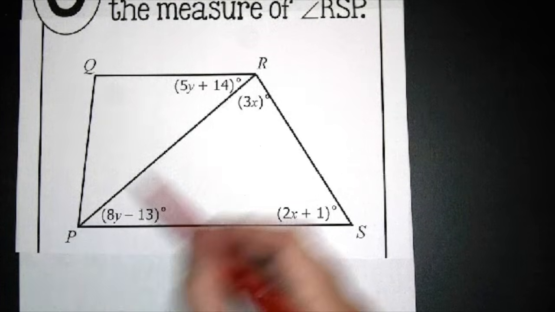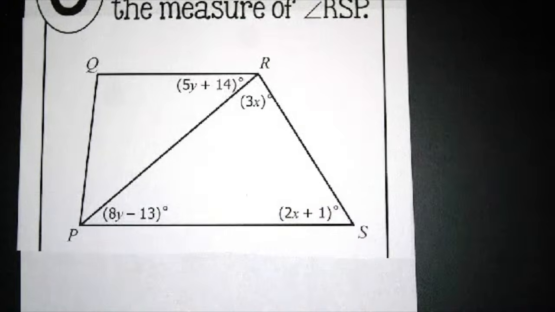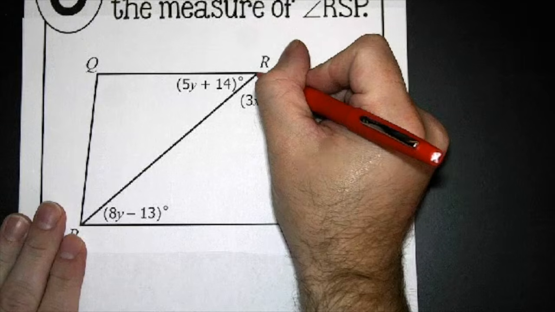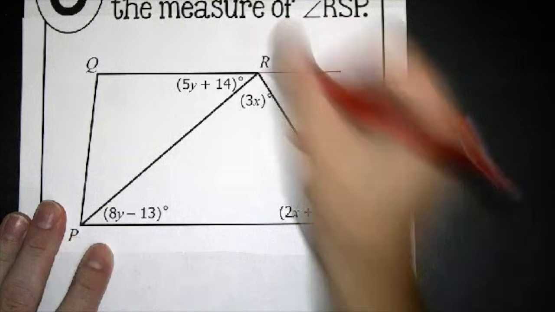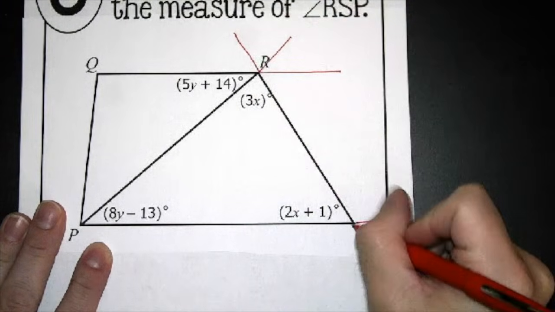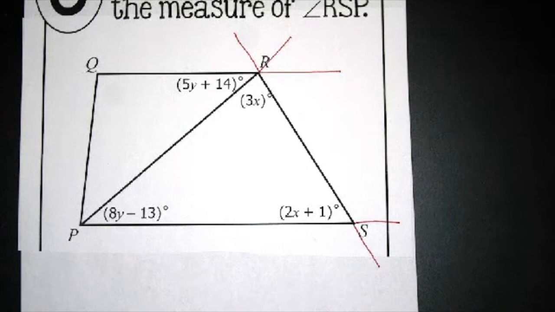I have this transversal here, which is PR, and I also have RS, which is a transversal. So just take a minute and study that and see if you can come up with an answer. Again, it may help if you extend the parallel lines a little bit and maybe extend the transversals a little bit. Sometimes that helps me see the parallel lines a little clearer. So go ahead and give that a try.